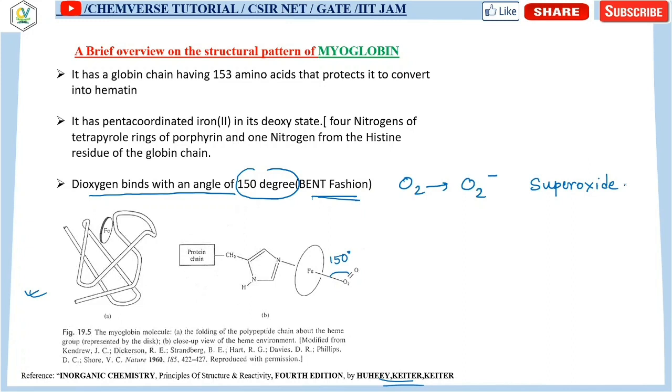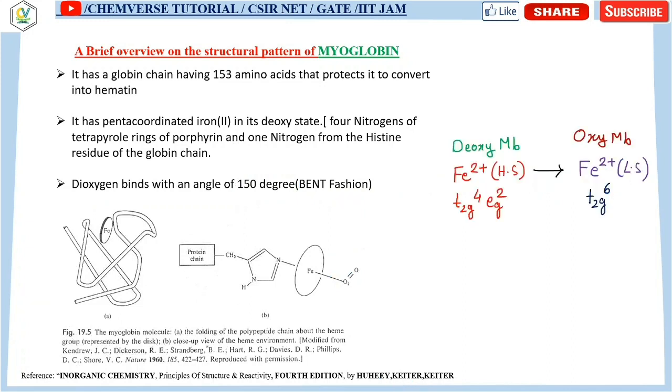Fine. So in the next slide, we can see that when the myoglobin is in deoxy form, the iron was present in the +2 oxidation state and iron 2 plus is high spin. So if you know the crystal field splitting of this octahedral complex, it will be high spin, so it will be t2g 1 2 3 4 5 6.